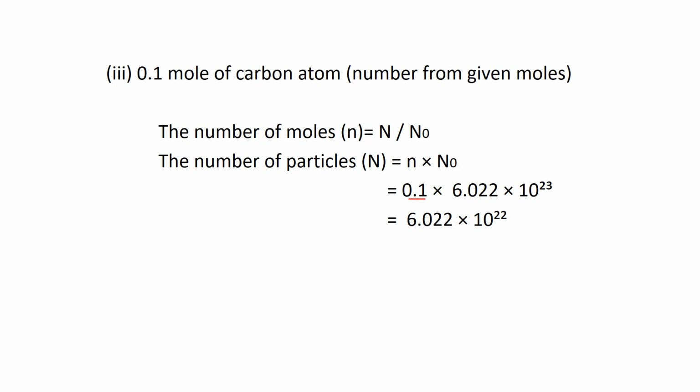Otherwise you can do it like this also. You are just removing this point and writing 10 down, right? So when you write 10 down, from this 23 the 1 will be less, and then the answer will be 6.022 multiplied by 10 to the power 22.